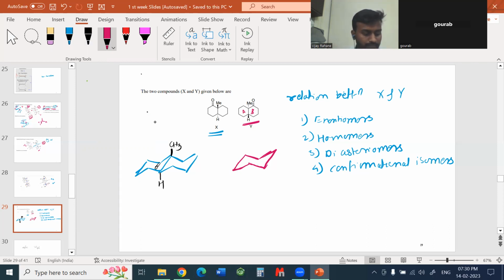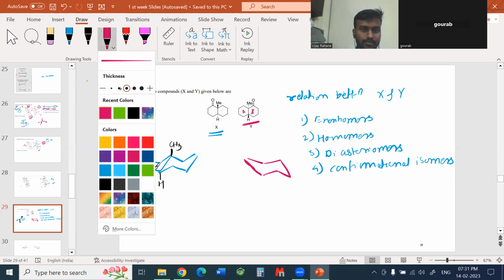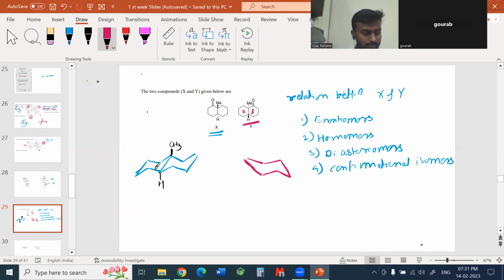For the B ring, this methyl is down, the hydrogen is, and here will be the keto group, right?